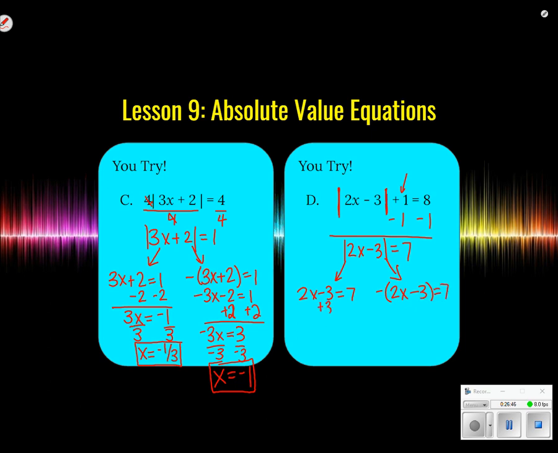I'm going to add 3. 2x equals 10. Divide by 2. X equals 5. And then I'm going to distribute over here. Subtract 3. Divide by negative 2. X equals negative 2.